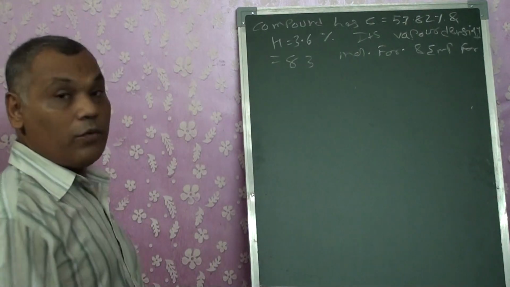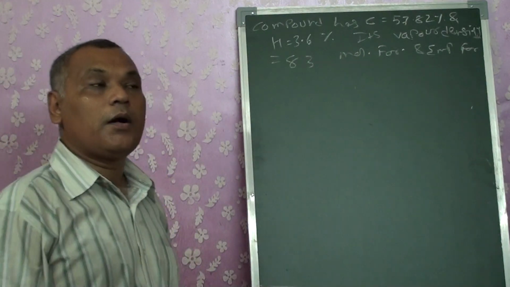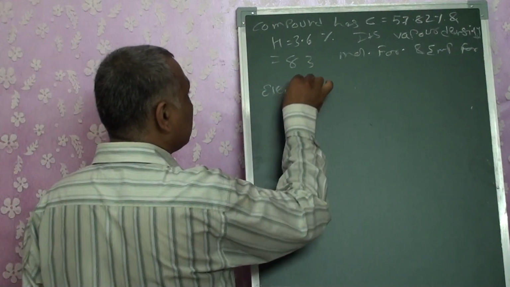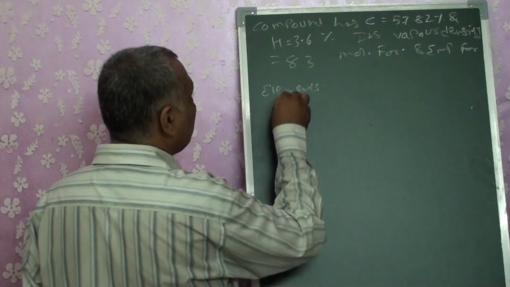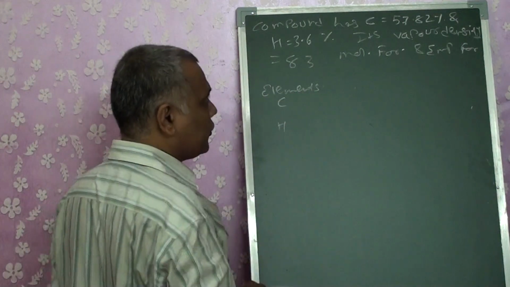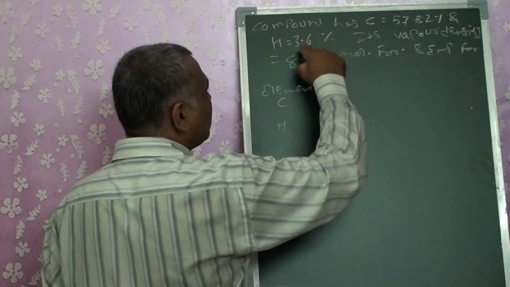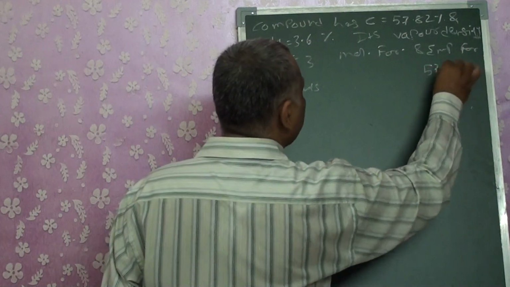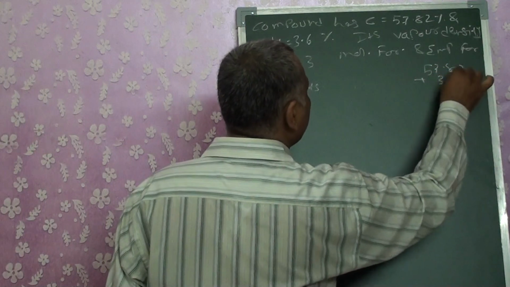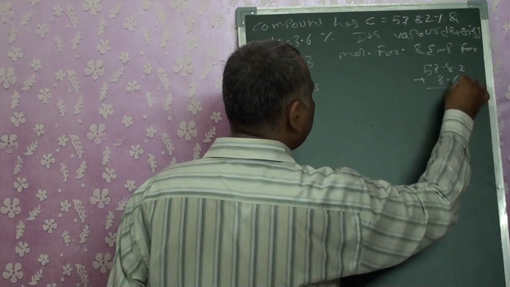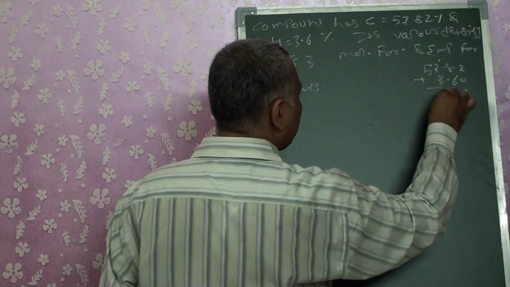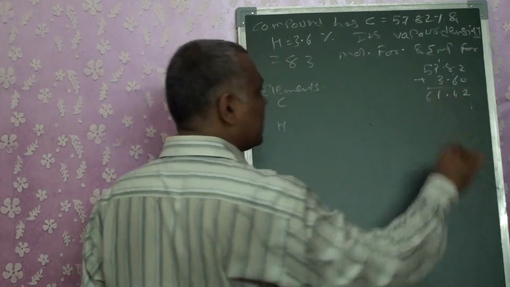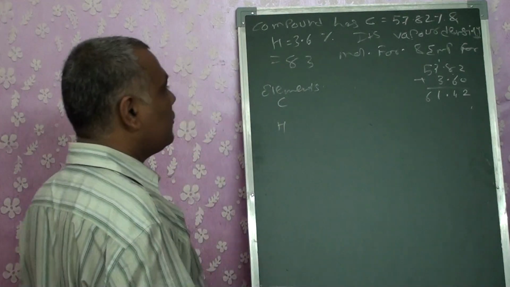Okay, now for this question, how will we do it? First of all, elements, we have been given carbon and hydrogen. I am sure that the percentages are not going to add up to 100. We are getting 57.82 plus 3.60, that means 61.42.